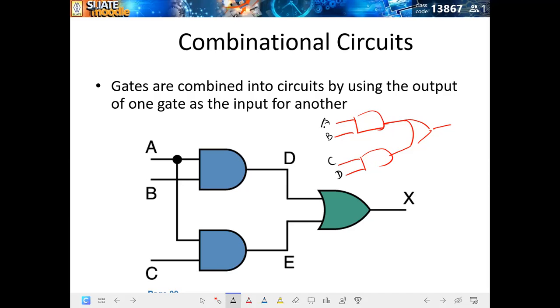Then what happens here? One input for this, another input for this. Then this can be given 1 0, right? B also 1 0, C also 1 0, D also 1 0. Now what happens if we draw it this way, children? If you draw like this, when you provide some kind of a condition to input A, the same condition, same states apply for one input of this AND gate.